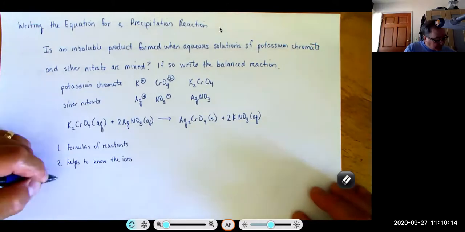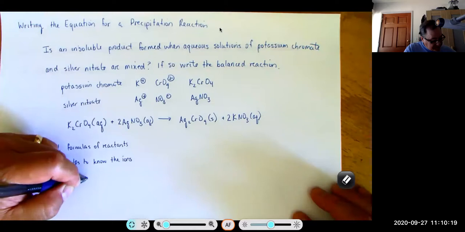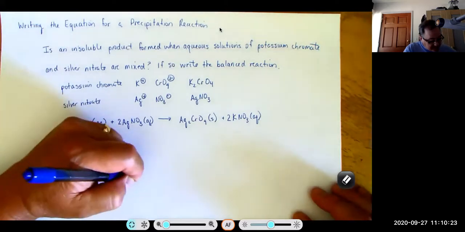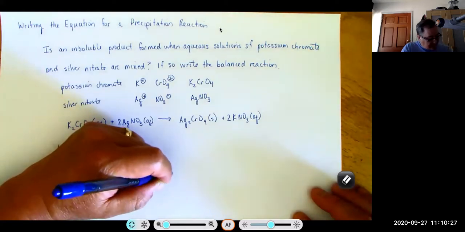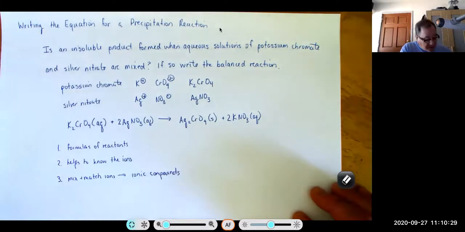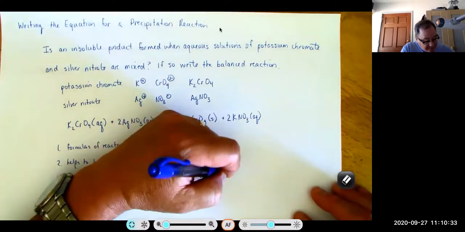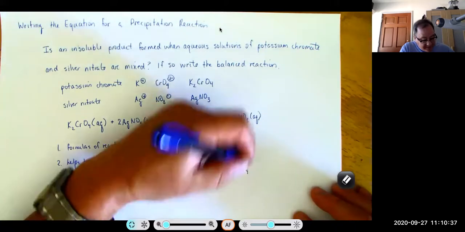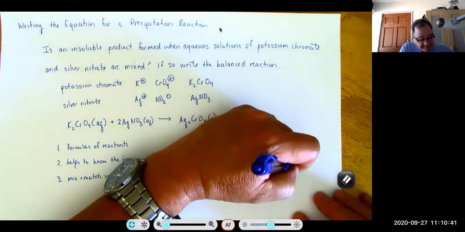And then what you do is you mix and match the ions to get ionic compounds. In this case, the possible ionic compounds were silver nitrate, silver chromate, potassium nitrate, and potassium chromate.